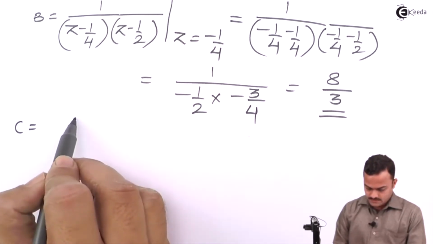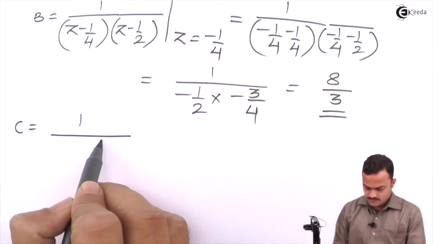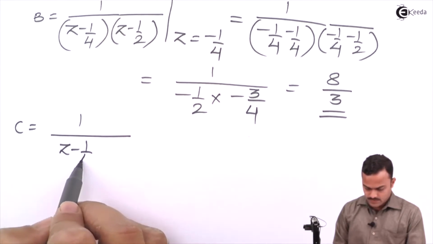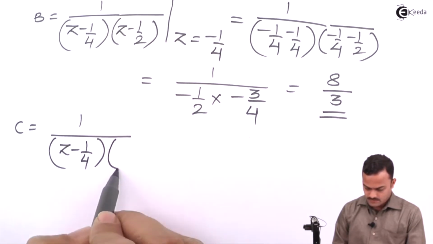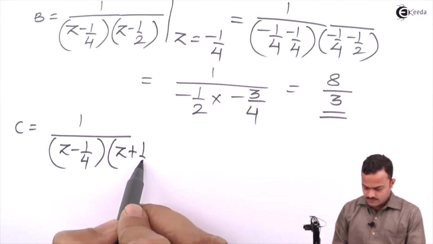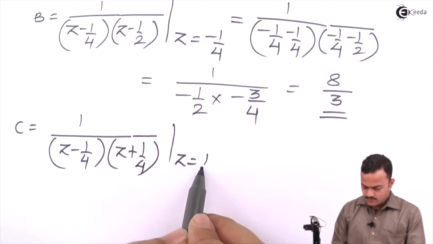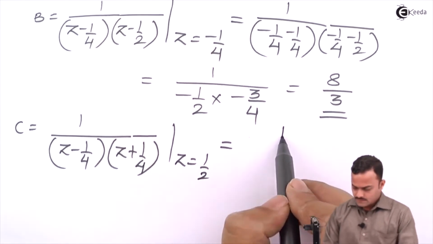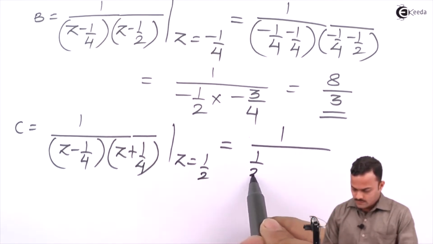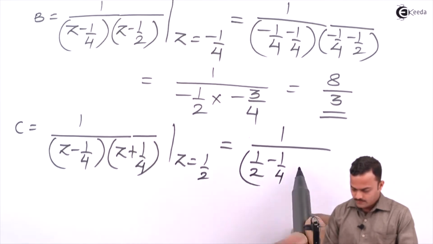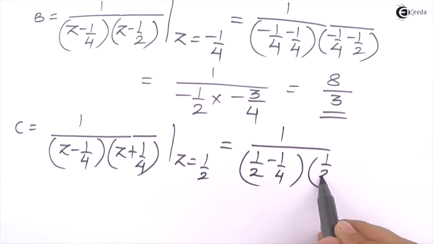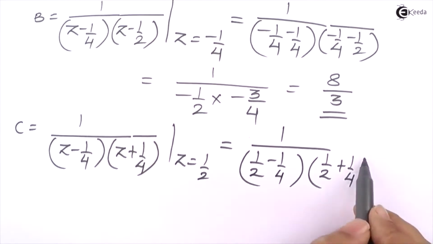C, once again 1 upon (z minus 1 by 4), (z plus 1 by 4) to be solved at z equal to half. So 1 upon (half minus 1 by 4) into (half plus 1 by 4).